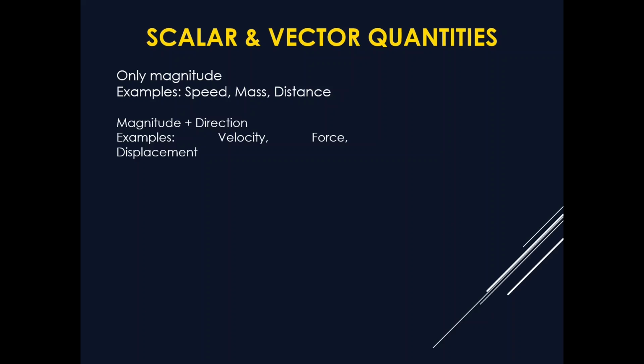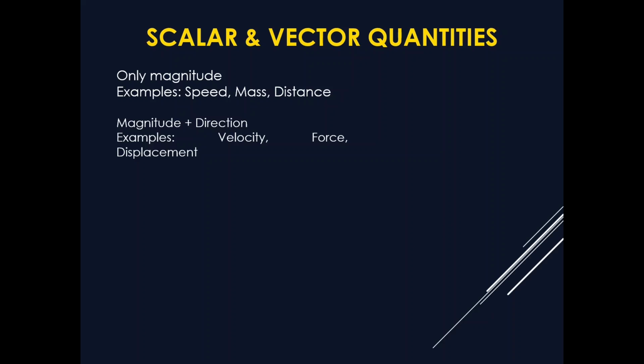Similarly, if I'm telling you to run at a speed of 5 kilometer per hour, then again, if the direction had been there, it would have been a much better explanation of the event, but 5 kilometer per hour itself is sufficient to give you an idea that we are talking about speed.